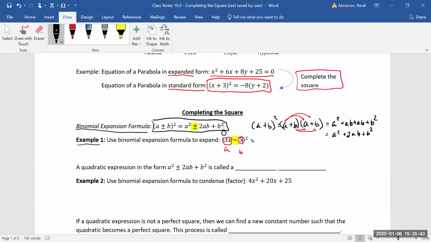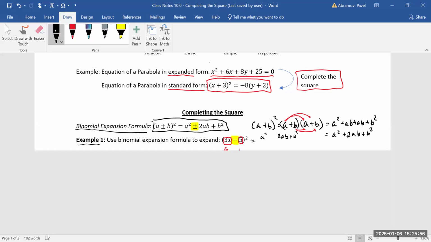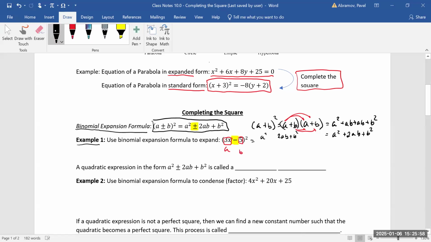So based on our formula, we'll have a squared plus 2ab plus b squared, except this plus will actually be, in this case, whichever sign is in the middle. So in this case, it would actually be a minus.